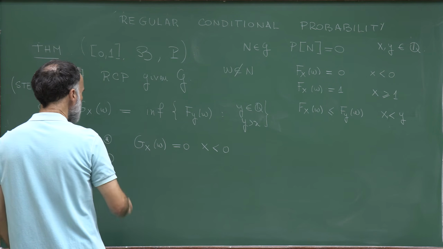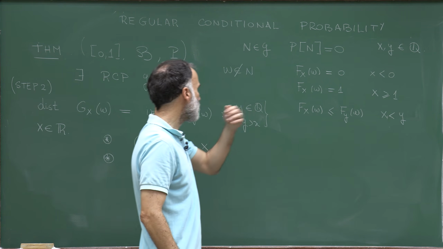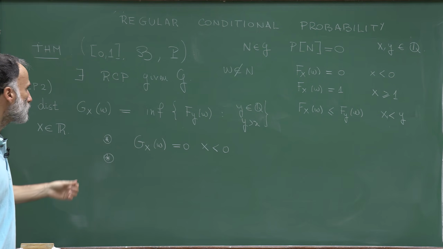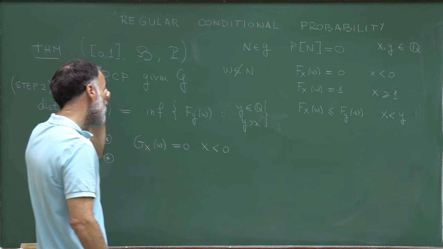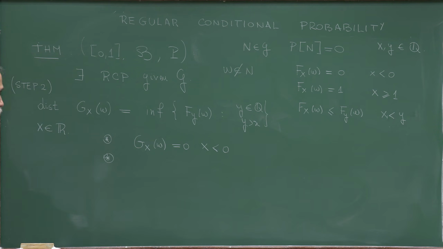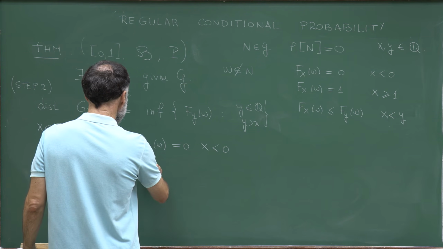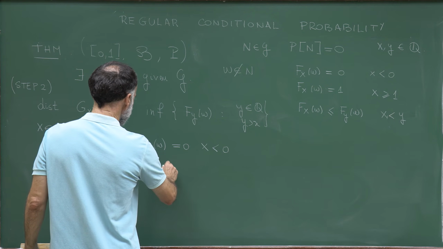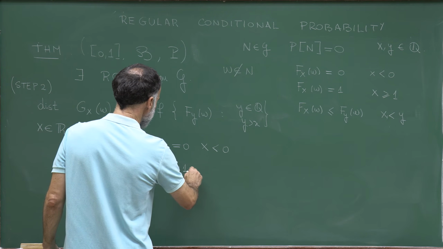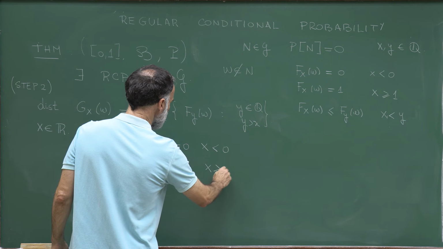All these properties are elementary consequences of these three inequalities, and if you want to see a proof, you go back to the result I just mentioned. Then I claim that g_x(ω) is equal to 1 if x is larger or equal than 1.